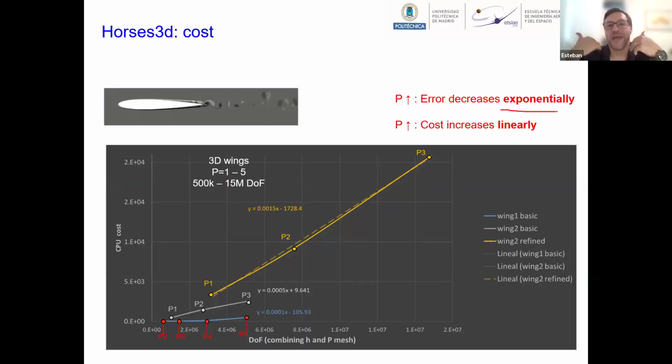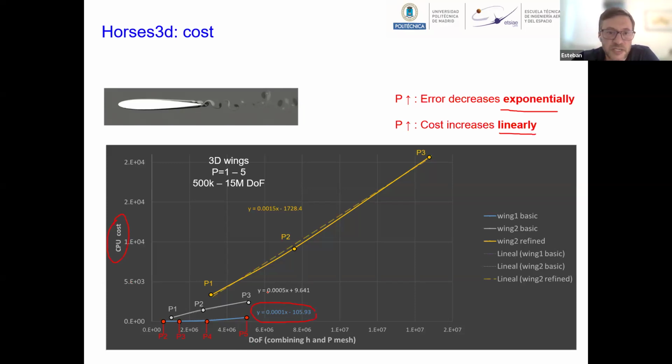So what we see is that the error decreases exponentially very quickly, but one would think that the cost will also increase exponentially, and hence there's no advantage whatsoever, right? If the cost was to increase also exponentially, you might as well use a low polynomial. But what we observe when we check for the same case is the CPU cost on this axis against the degrees of freedom, and now we increase the polynomial, what we see is that the increase in cost is slow and almost linear, right?